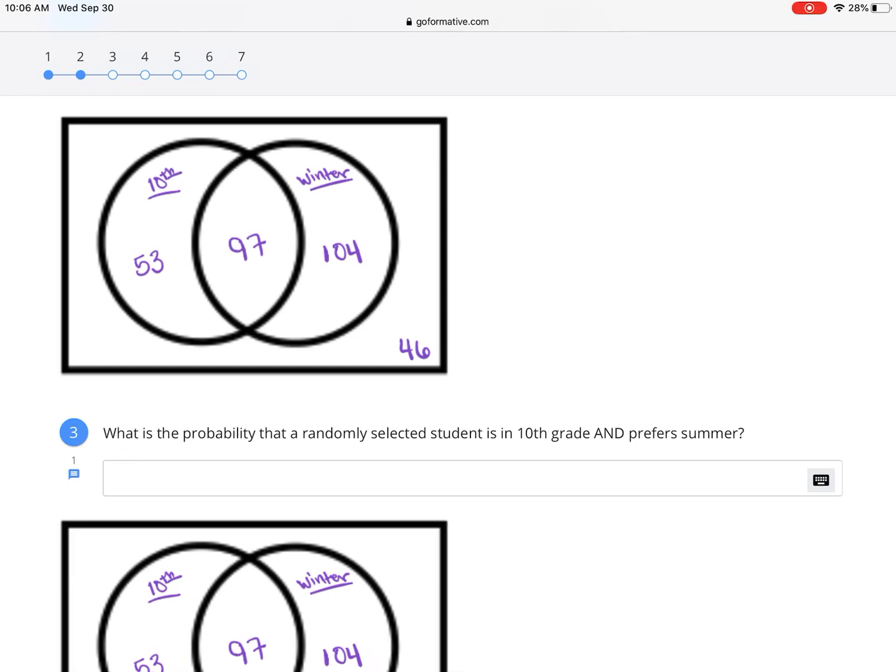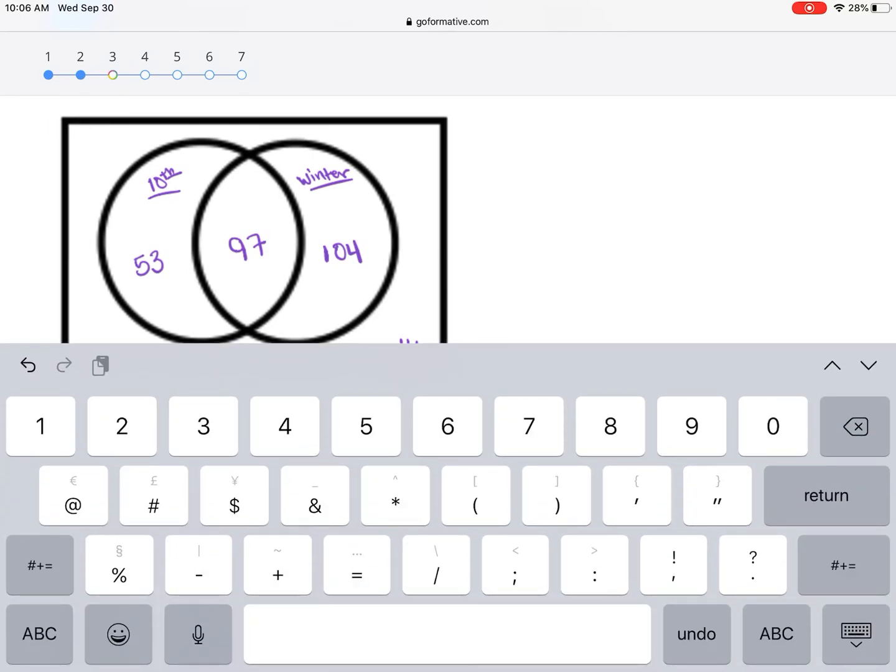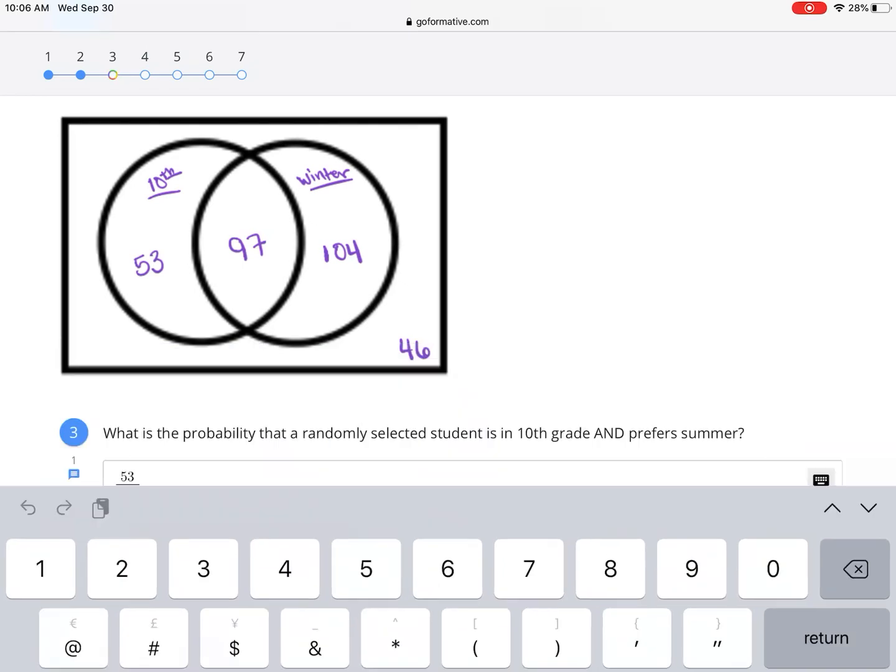So it must be the 53 by default, because if they don't like winter in this problem, it has to be summer. So those 53, it's those 53 students who are not in the winter circle, remember, out of 300. 53 out of 300.